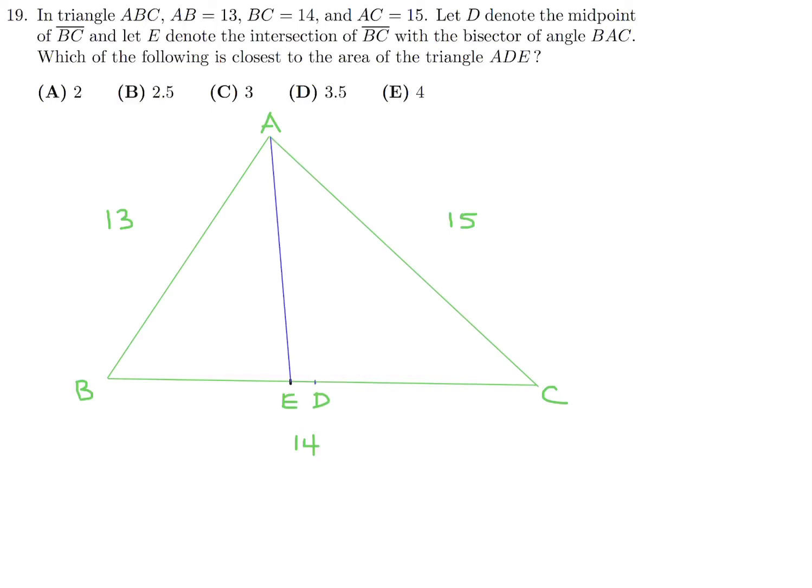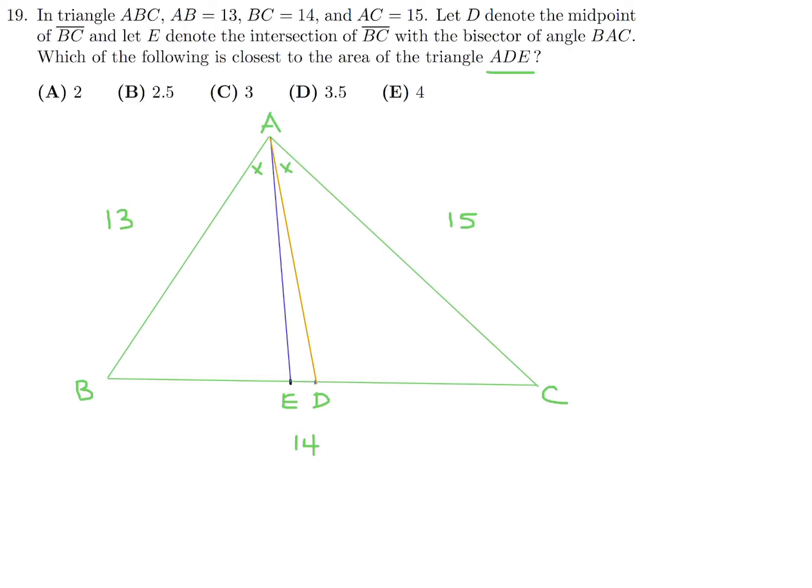All right? So that basically means that this angle is X and that angle is X. And I think so far that's all they've given us. And then what they want us to figure out is which of the following is closest to the area of triangle ADE. Oh, okay. I've got to draw another line from A to D.